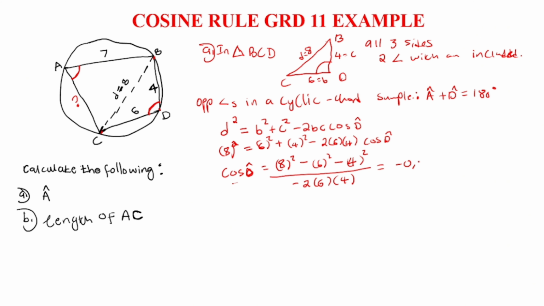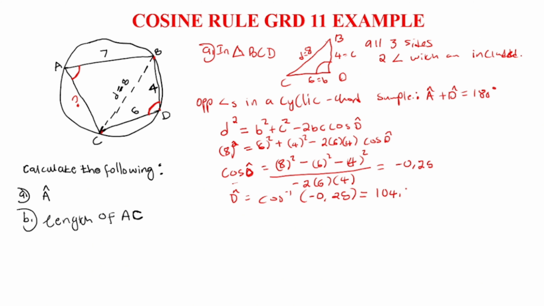Then you can press second function, cos inverse of -0.25. Some teachers will say don't put the zeros, but if you're using a scientific Casio calculator, it already knows how to handle the negative when you're looking for an angle. Therefore D gives us 104.48 degrees.